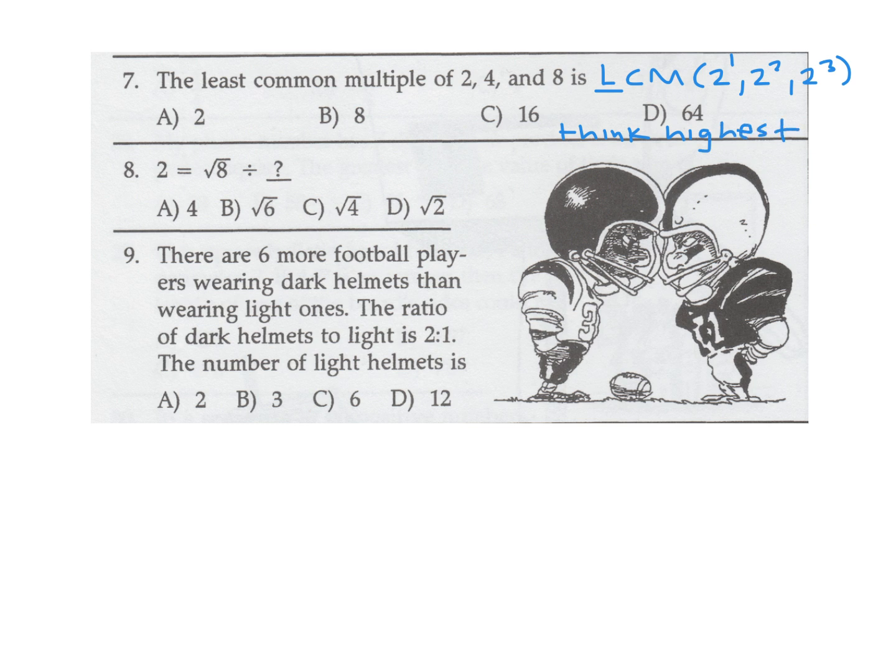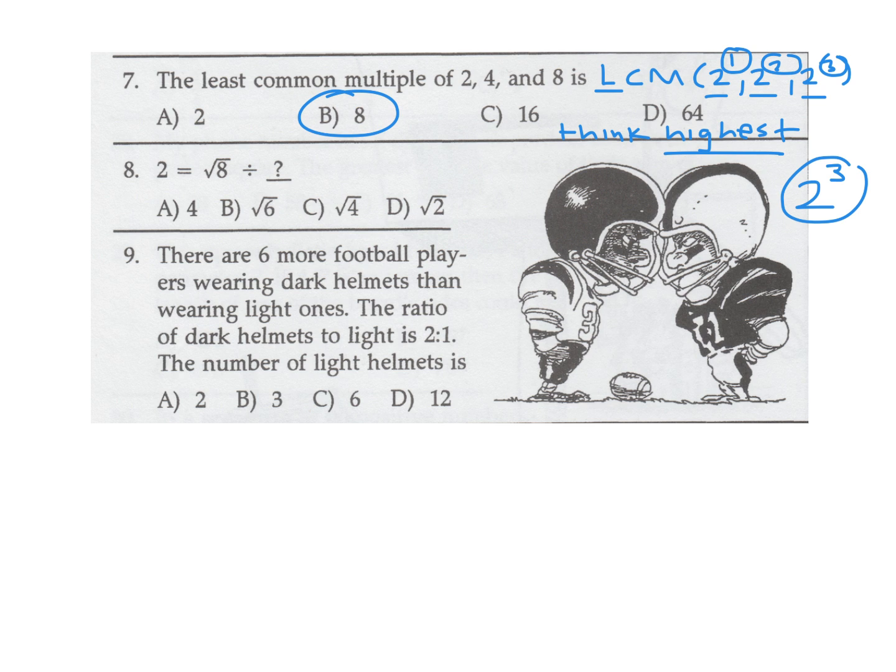Now, when I say highest, highest what? The highest exponent for each prime number. So the only prime number we have in there is 2. And then you think the highest, so the highest is 3 in terms of the exponent. So this is the LCM of these 3 numbers. And 2 to the power of 3, I believe, is 8. So number 7 would be B.